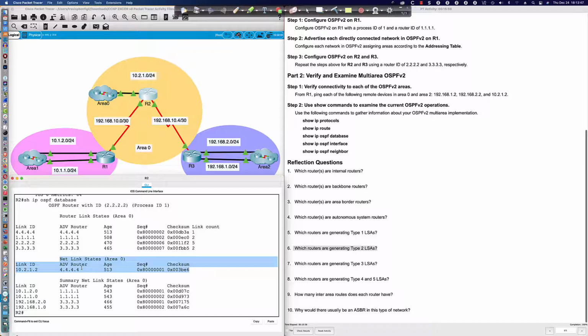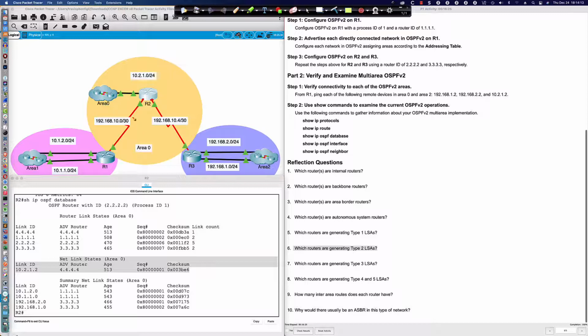Well, remember, the type 2 LSA is all about the DR-BDR election that's going to take place, and you're going to end up with a designated router when that election takes place on multi-access broadcast network types like Ethernet. So router 2 has a serial connection here and a serial connection here.